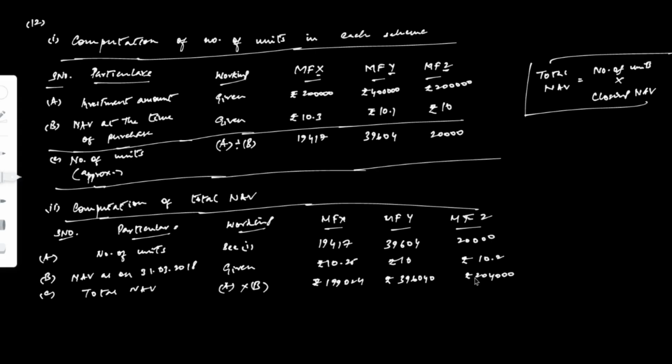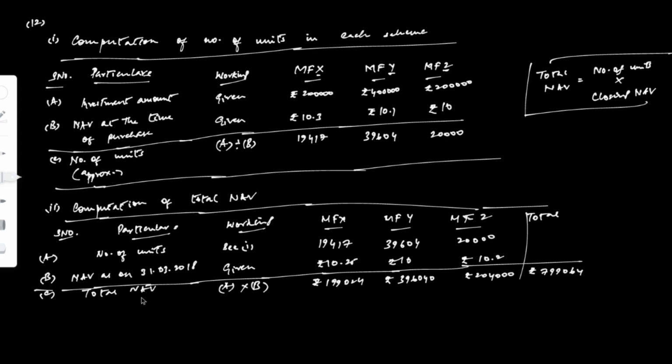Also, what is the total here? It is 199024 plus 396040 plus 204,000, that is 799064. So this is total NAV.